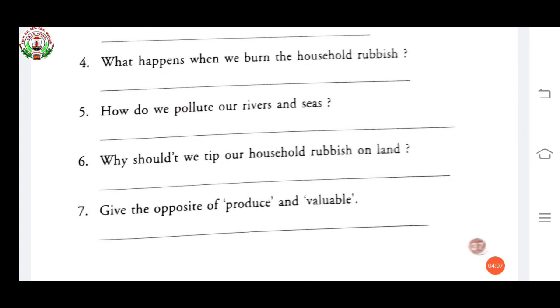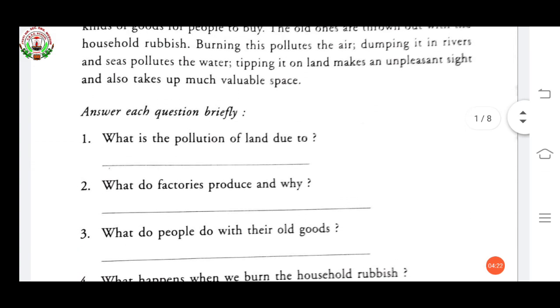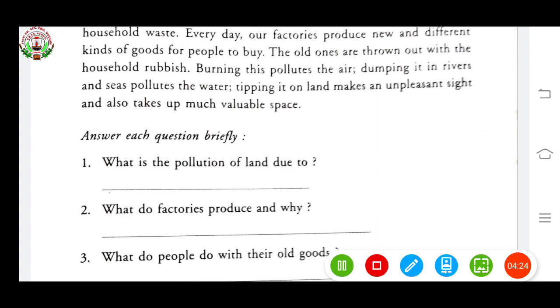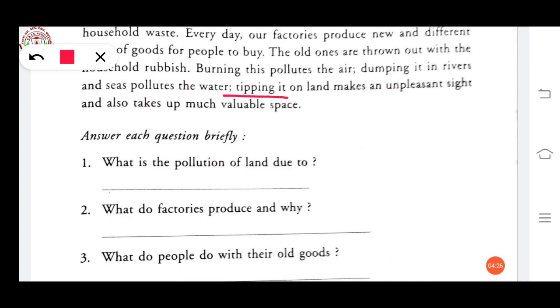Now, see the next question. Why shouldn't we tip our household rubbish on land? Why we should not tip our household rubbish on land? Means here and there. Now see the answer. Tipping it on land makes an unpleasant sight and also takes up much valuable space.